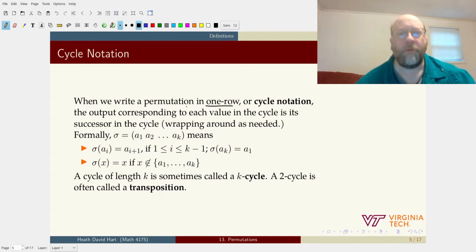where in one-row notation, we have a list of things, and if the first element is a plain text, we follow it by its corresponding ciphertext.